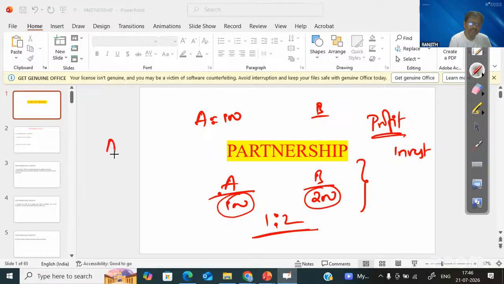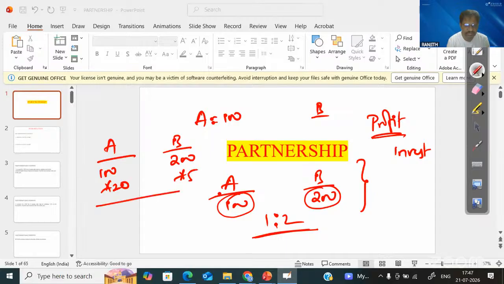Also, A's investment is 100 and B's investment is 200, with A investing for 20 months and B investing for only 5 months. So what is the profit ratio? Already we have done 1 is to 2; 1 into 20, 2 into 5, fours into 4 into 1. So it will be equal to 2 is to 1.